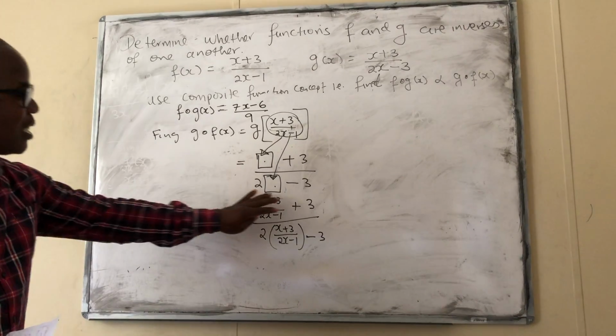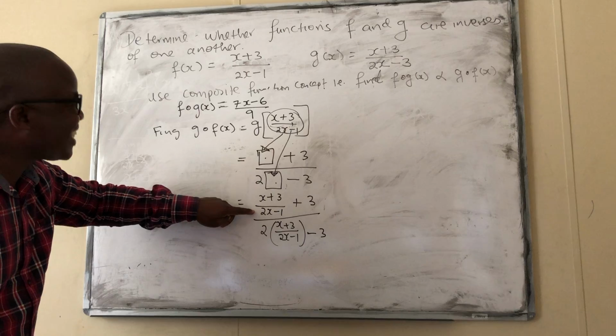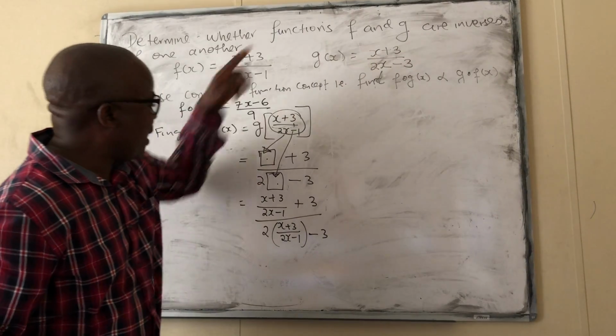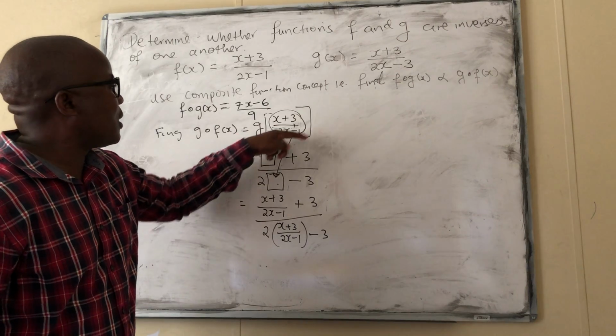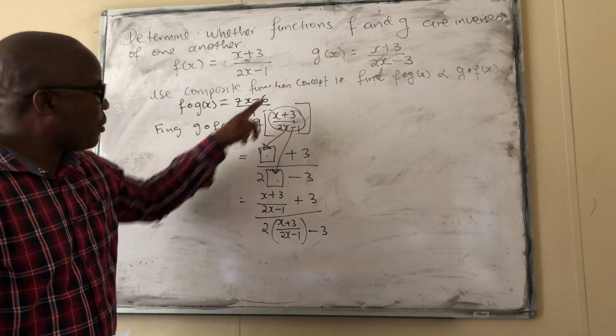So this is our function, numerator and denominator. Where there is x in the numerator of g, we replace with this. Where there is x in the denominator, we replace with this.